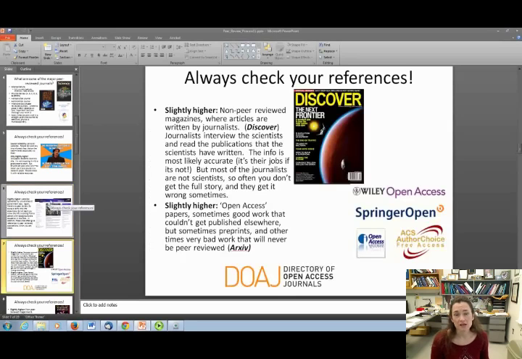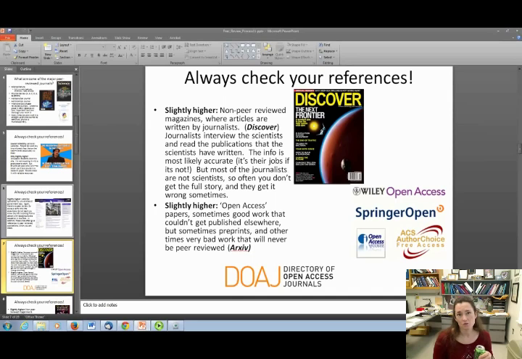Slightly higher than that would be the non-peer-reviewed magazines where the articles are written by journalists. These include things like Discover. Journalists do their best, and lots of times the scientific journalists these days have undergraduate degrees in the field. We've had some people from out of state that have gone on to be scientific journalists.